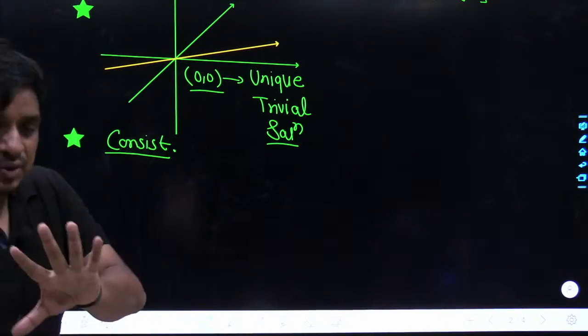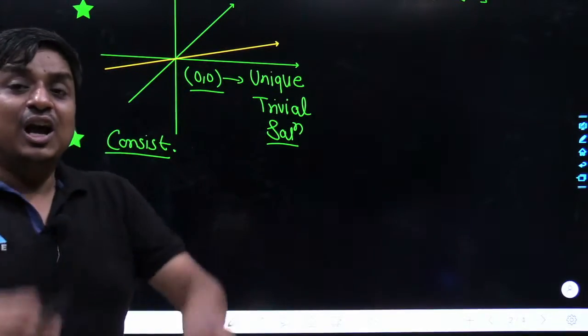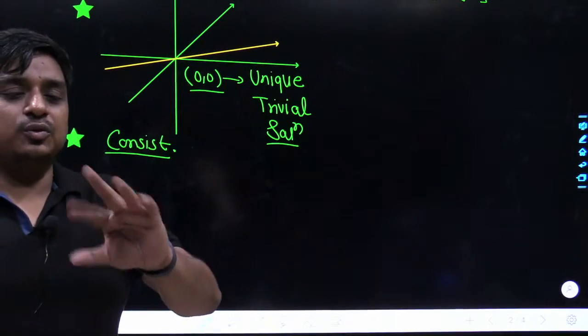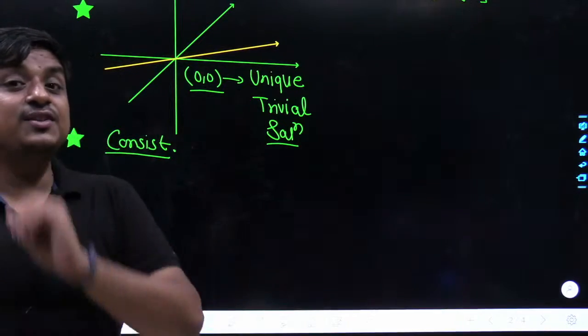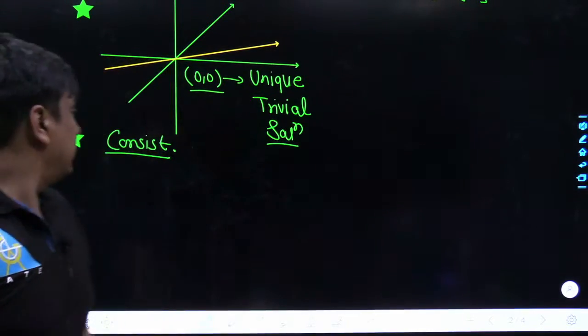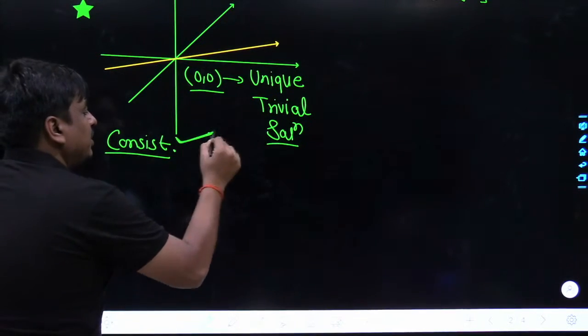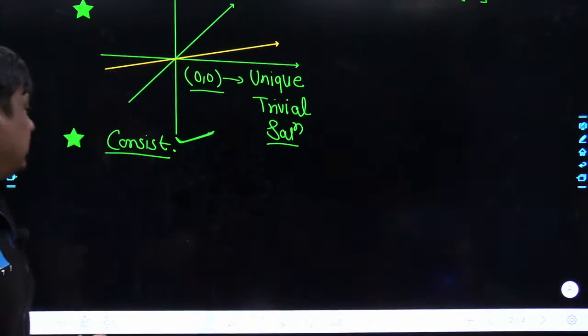I do not worry whether it's one solution, two, three, four, or infinitely many solutions. If you want, you can write somewhere: the equations are said to be consistent if they have at least one solution. So one very important point is that it would always be consistent.